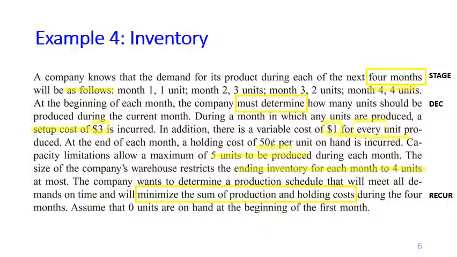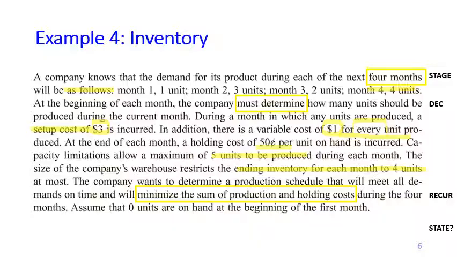So this will be something that we formulate in our recursion function. So we already have the stage, decision, and recursion function. Now the only thing that we have not seen explicitly in this problem description is the state. But when we talk about how we are going to solve this problem, I will show you how we may find the state.